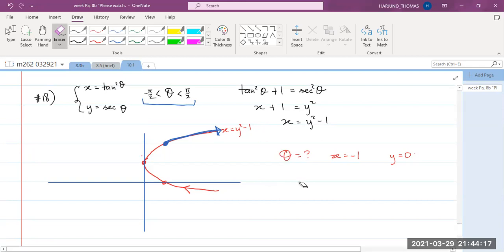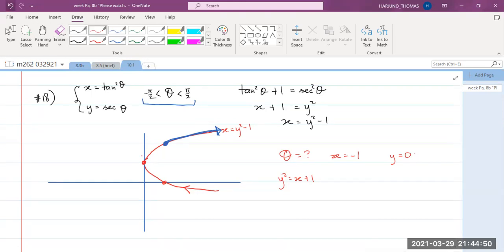Is it right? So y squared equals x plus 1. So you move. I must be so tired. I'm sorry, I cannot think that well anymore.